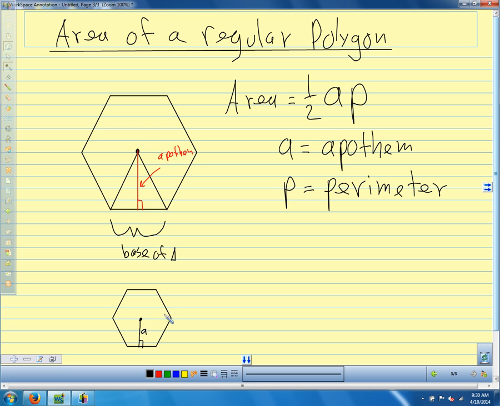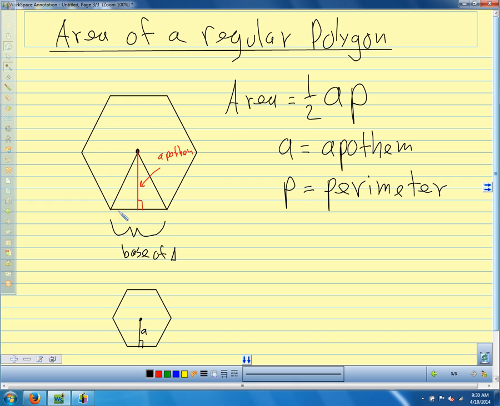And P is the perimeter. The mistake that students often make is they confuse the apothem and the radius. You want to make sure you're getting the right thing there.